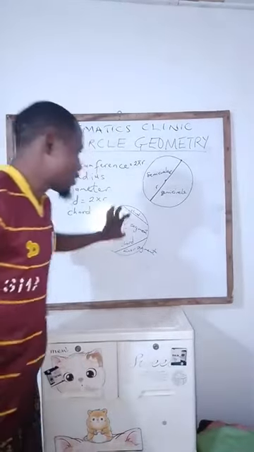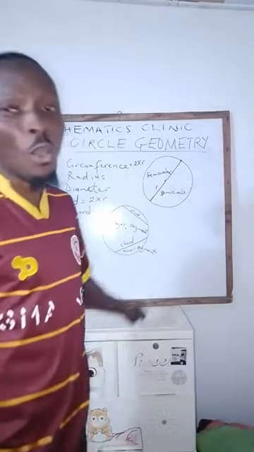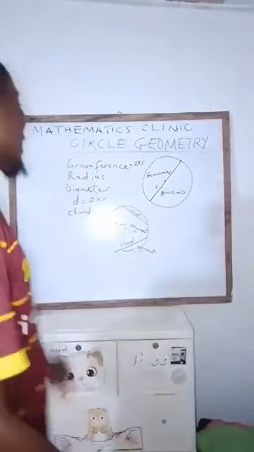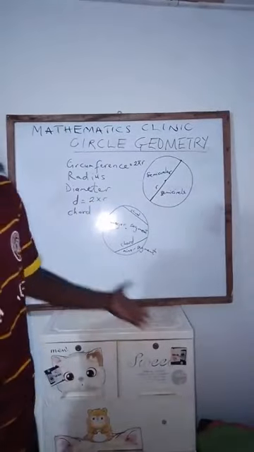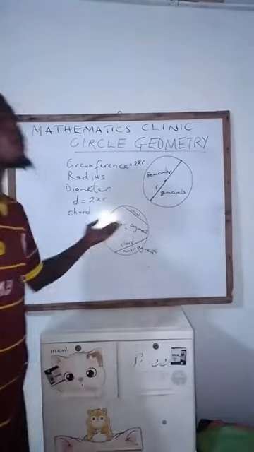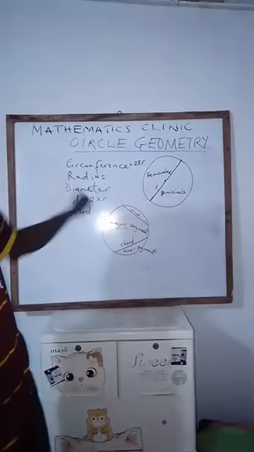The bigger part is the major segment, the smaller part is the minor segment. That is another property of circle we must talk about. Any line that divides the circle into two segments, or any line that touches 2 points on the circumference without passing through the center.